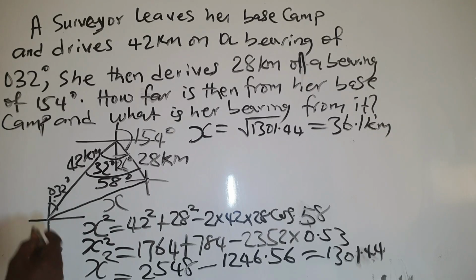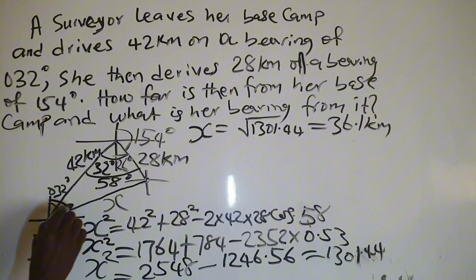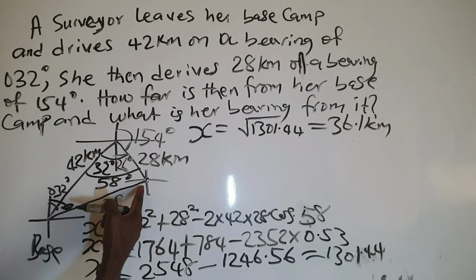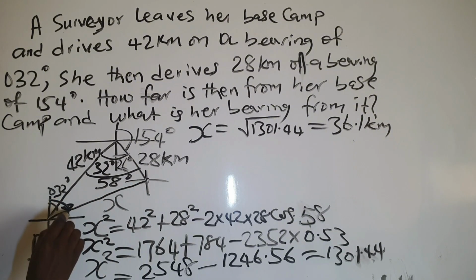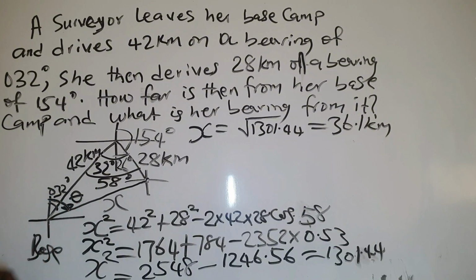So the bearing will now be from north to touch that line that will lead us to where she stops. So they are now asking us here. We have known from here to here, which is 32. So we will now find inside here, and when we find it, we'll add it to here to give us the bearing they are asking for. Okay.